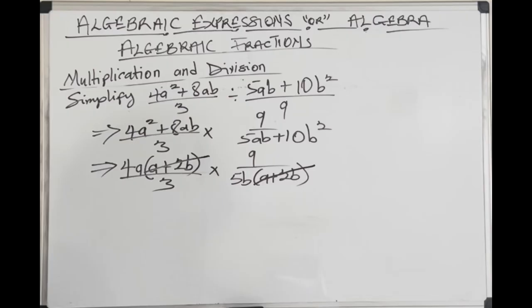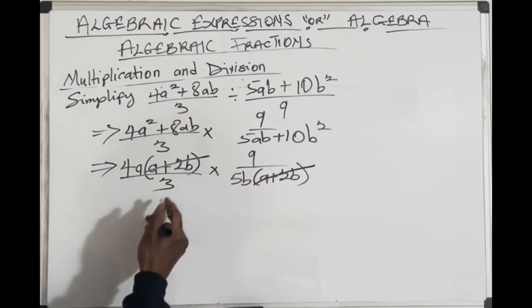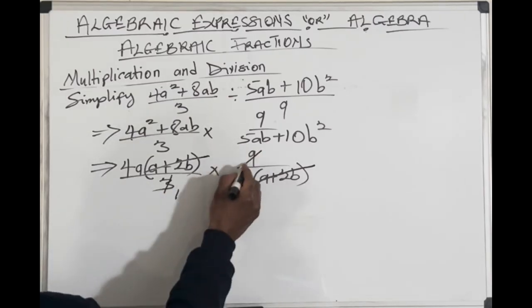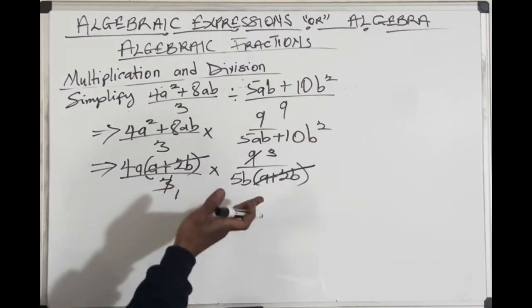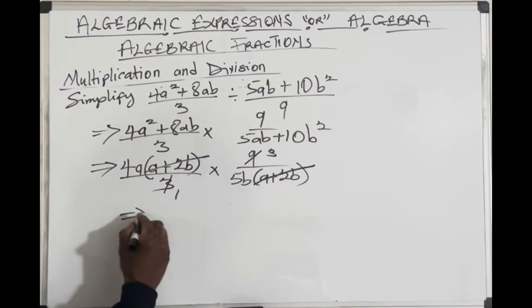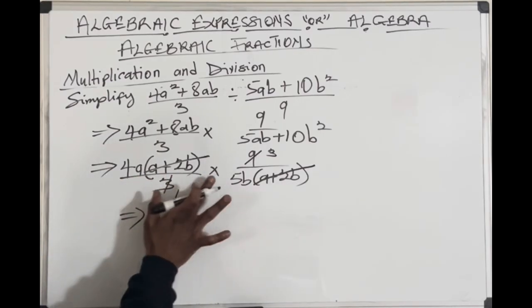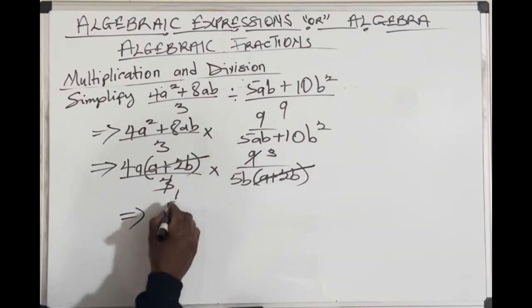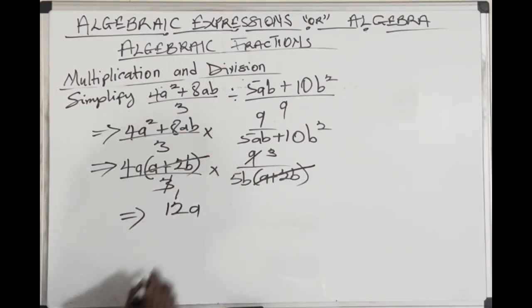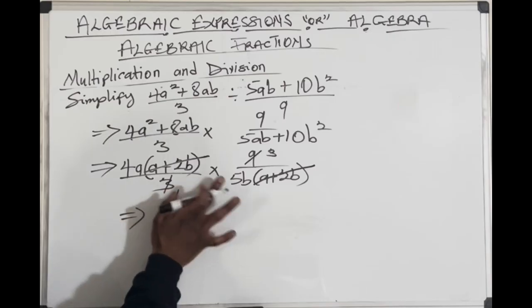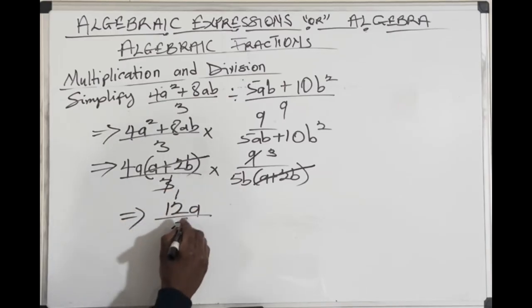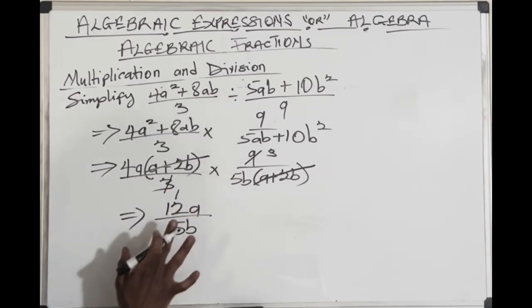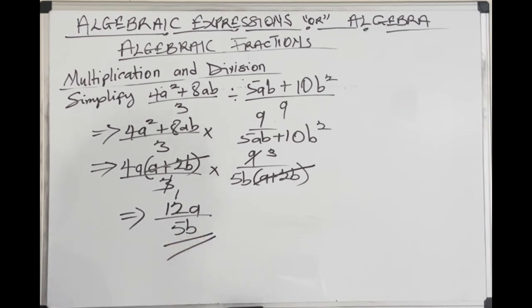Let's see. 3 can go here, 1 can go here, 3. We cannot cancel again, so you write 4a times 3, which is 12a, over 1 times 5b, which is 5b. So 12a over 5b, final answer.